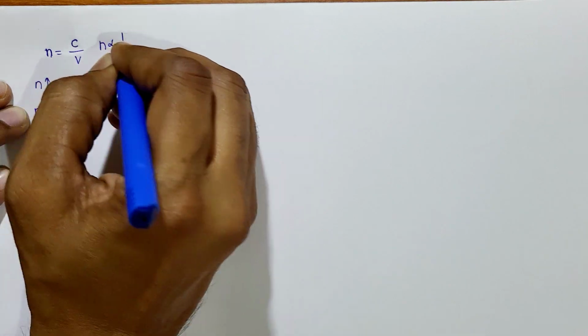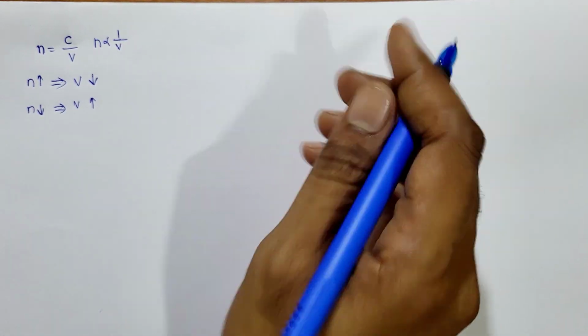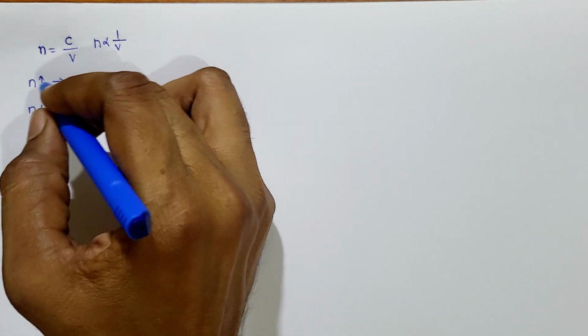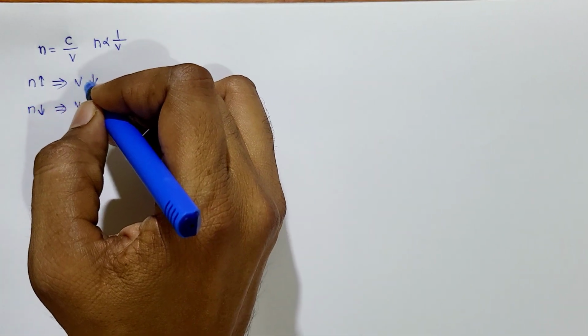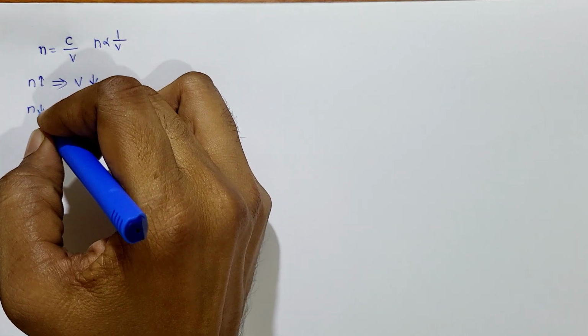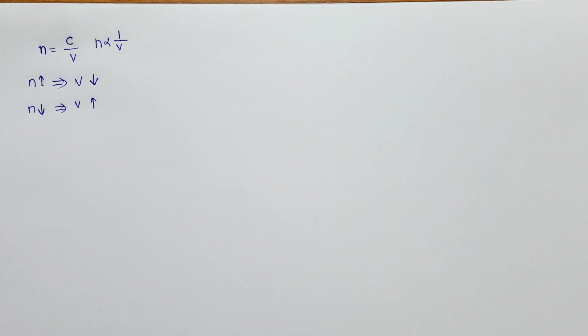If C is constant, we can get N proportional to 1 by V. N proportional to 1 by V means if the refractive index of any medium is higher, then the speed of light in that medium will be lower. If the refractive index of any medium is lower, the speed of light in that medium will be higher. I hope you understood this.